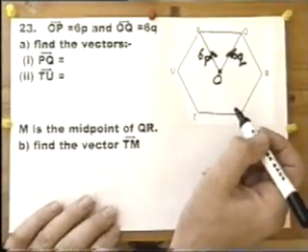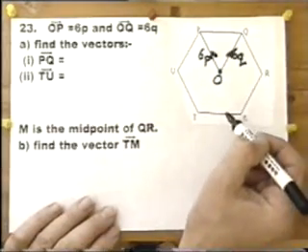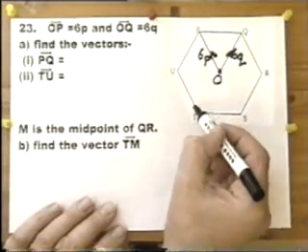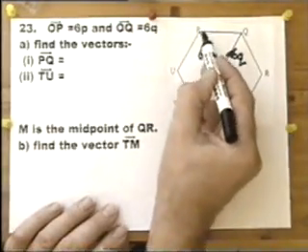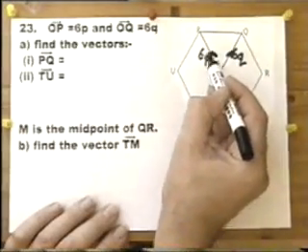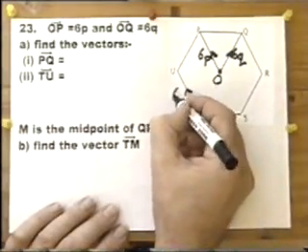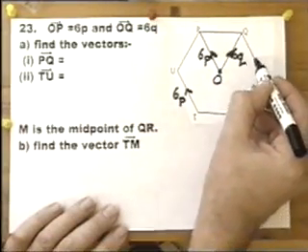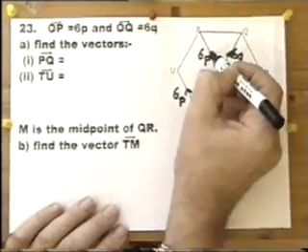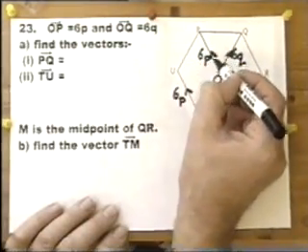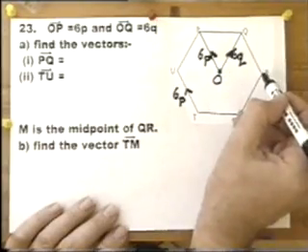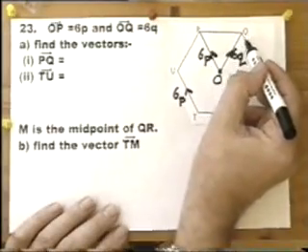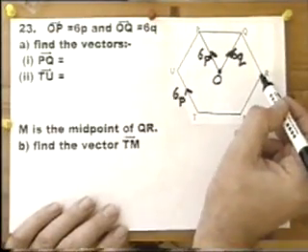Before I work anything out, appreciating that this is a regular hexagon, this line here, TU, is parallel and the same length as OP. So I can say that's 6p as well, and so is that 6p, as long as I go the right way. That way is plus 6p, that way is minus 6p. R to Q is plus 6p, Q to R is minus 6p.